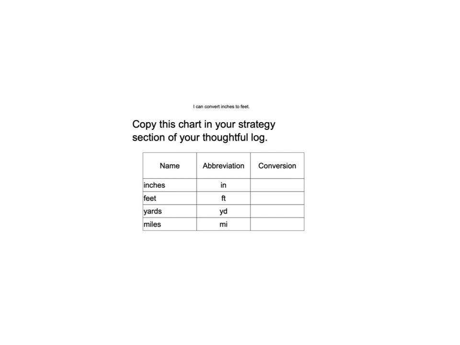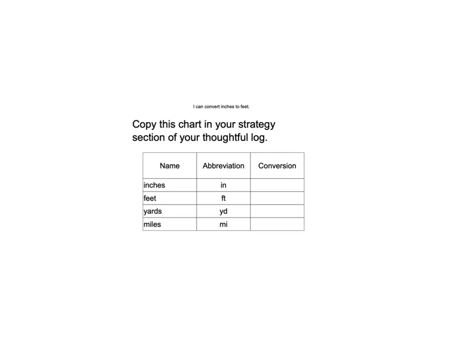Turn to the next slide. Copy this chart in your strategy section of your Thoughtful log or on a separate sheet of paper. You will have 3 columns. The first column will have name as a heading with inches, then feet, yards, and miles underneath.